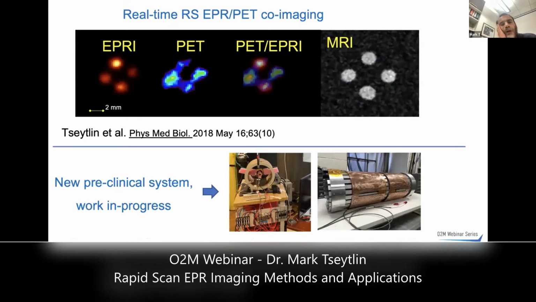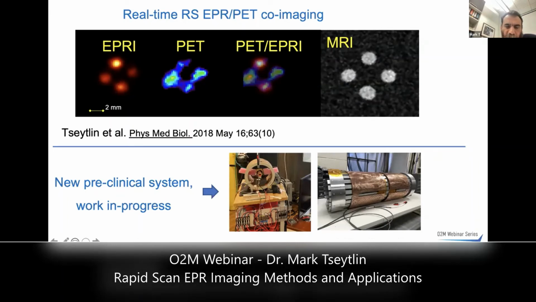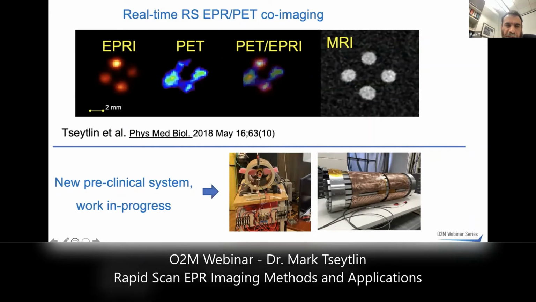Another example, we demonstrated real-time rapid scan EPR co-imaging in 2018, when we put together a phantom with PET tracer and EPR, I believe it was Tritil, and we demonstrated we can do co-imaging in real time. But we just put together a system with a very small resonator.